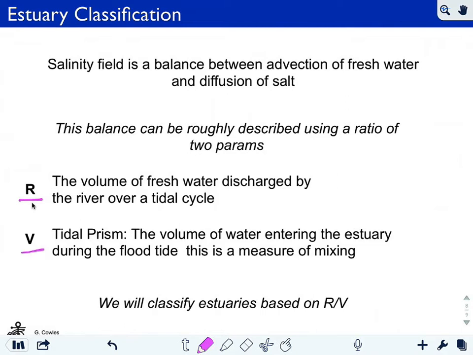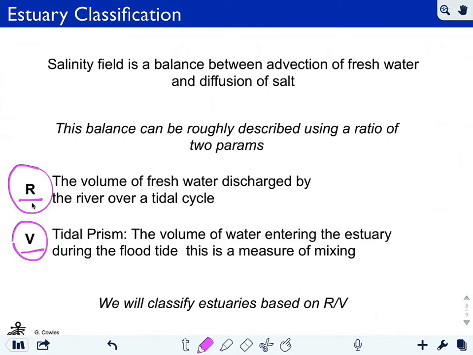R is a proxy for how much fresh water we are putting into the system. V is a proxy for how much mixing the tides are able to do. The tides are an energy source, and that energy can go into mixing. If you have greater mixing, then you have greater entrainment of the bottom water that will then need to be replenished.